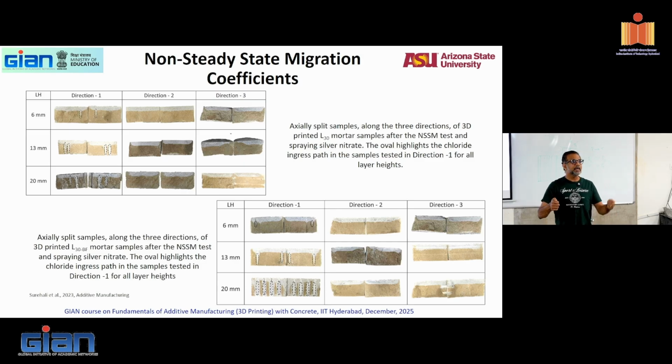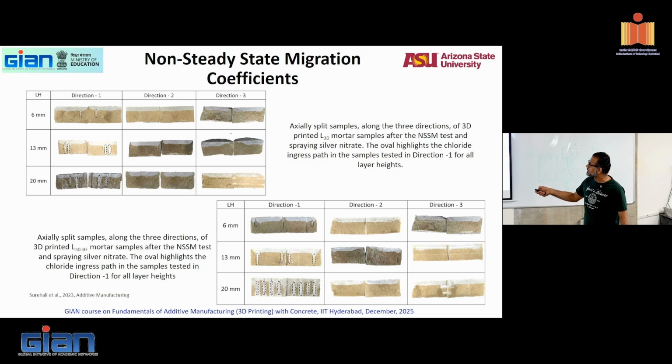Silver nitrate, if there are chlorides, becomes silver chloride. Silver chloride is your white precipitate that you can see there. See those white precipitates of silver chloride? And you see these preferential directions of silver chloride. What are those? Those are your layers, interfaces, right? You see silver chloride coming through your interfaces much faster.